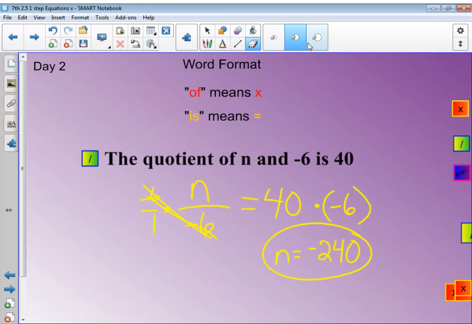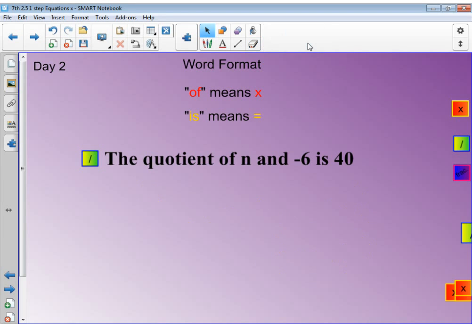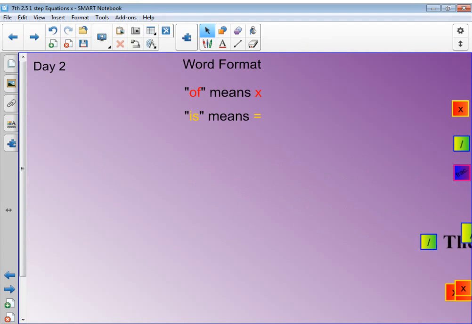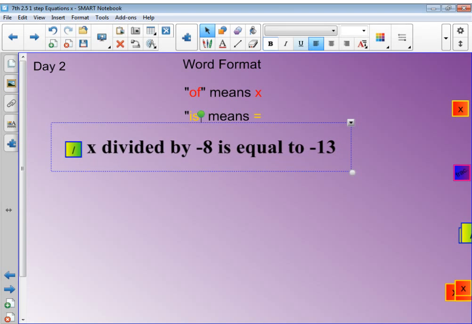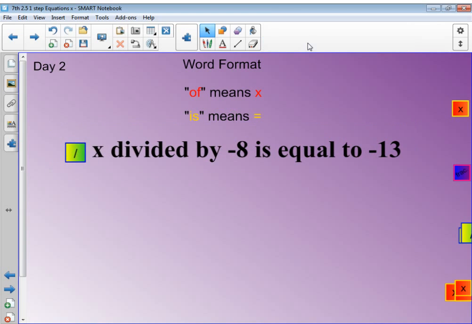Okay, so I'm going to have you guys try one. You're going to write the equation and then solve the equation. So we have x divided by negative 8 is equal to negative 13. So go ahead and pause the video and work your way through this one, writing the equation and solving the equation.